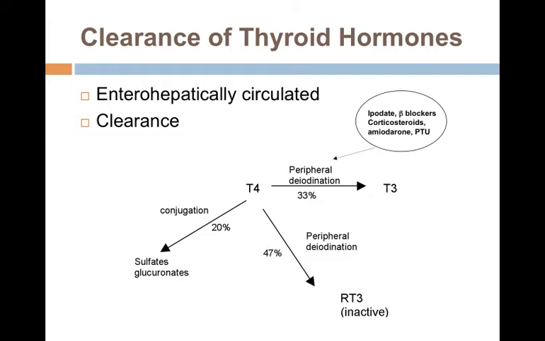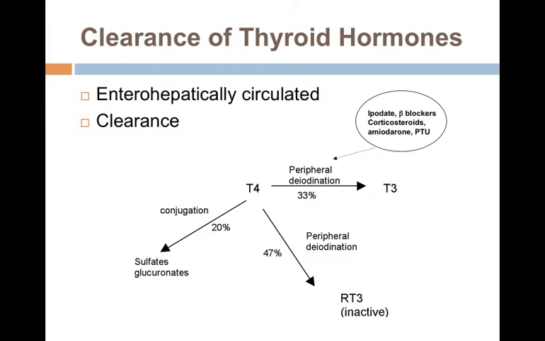And then, interestingly enough, those glucuronidation metabolites then go on to be secreted into the bile, which can then be enterohepatically recirculated by being reabsorbed in the small bowel and go through the process again.